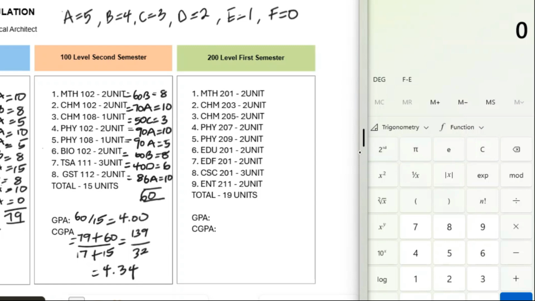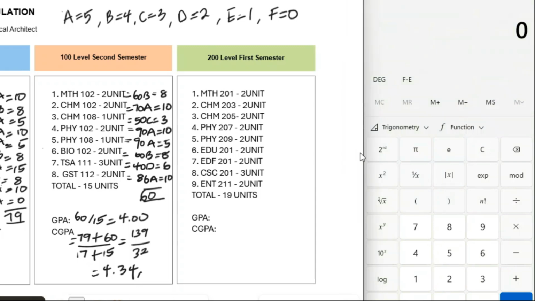So let's assume that you're at the end of 100 level, you finished with a CGPA of 4.34. Now, 200 level first semester, MTH 201, you had 70A. Chemistry 203, you had 90A. Chemistry 205, you had 96A. Physics 207, you had 72A.